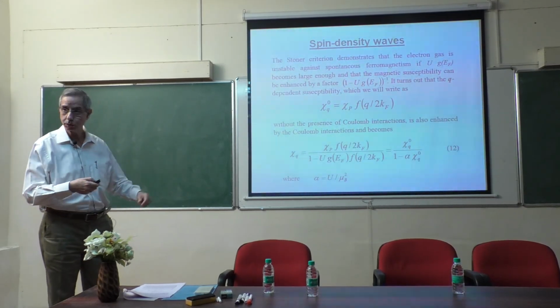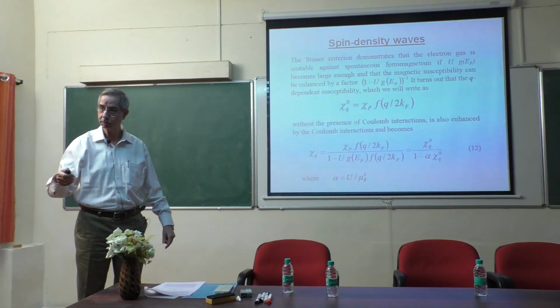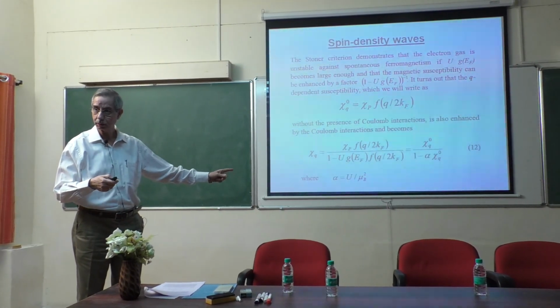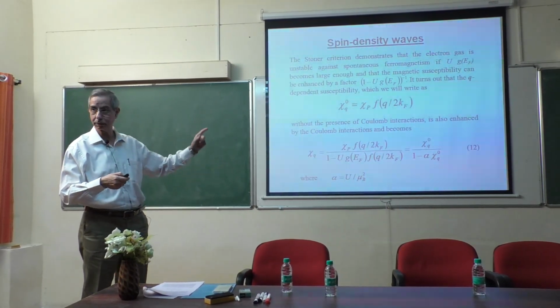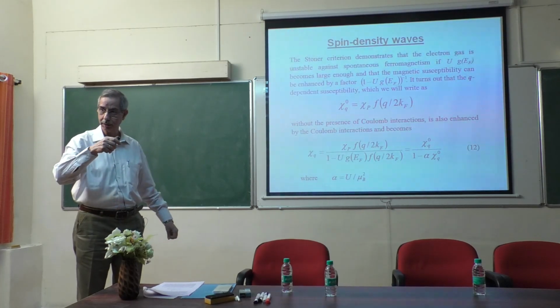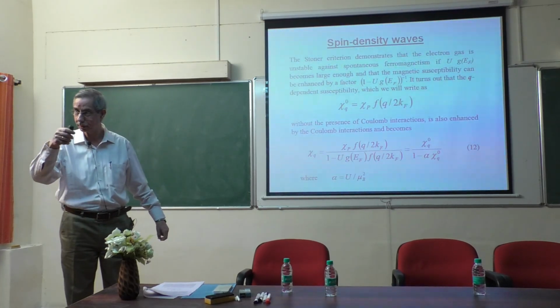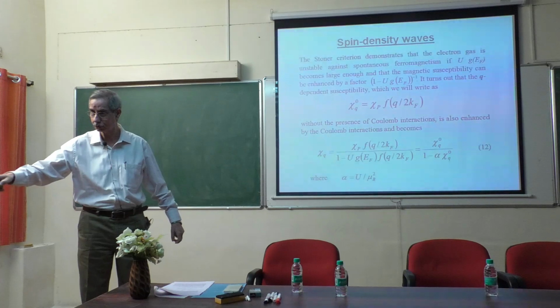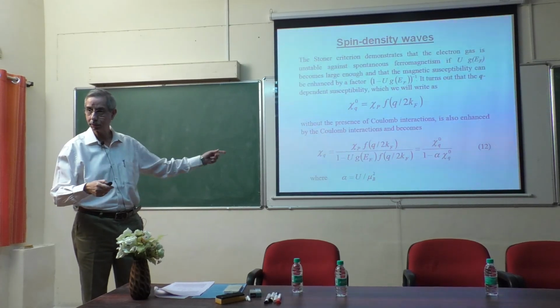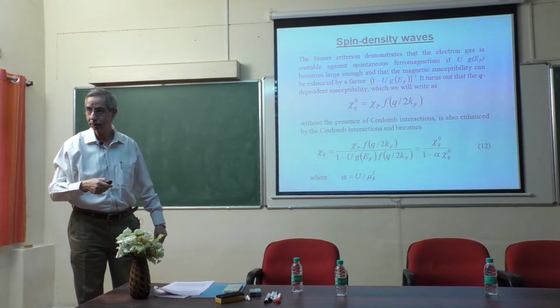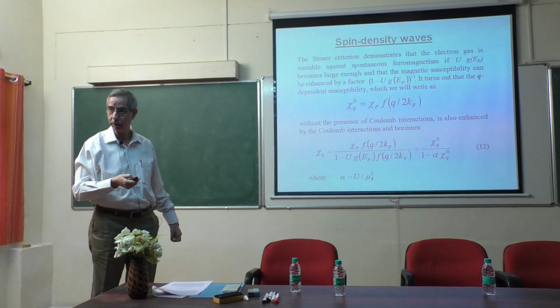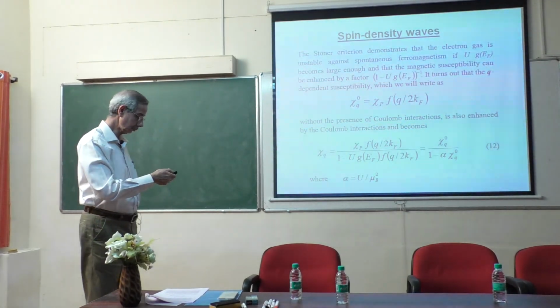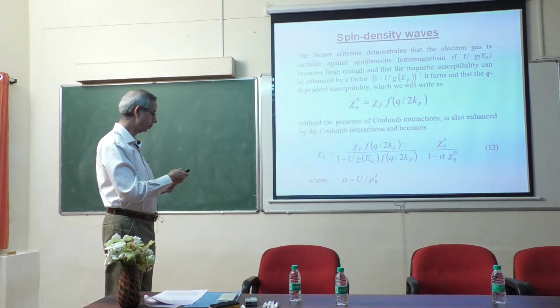Whenever chi q goes through a maximum, it comes closer to that and this gets enhanced. So magnetization gets enhanced. When it is slightly away from the peak, where it goes to a minimum, there will be a corresponding increase in the susceptibility. Right? Okay.